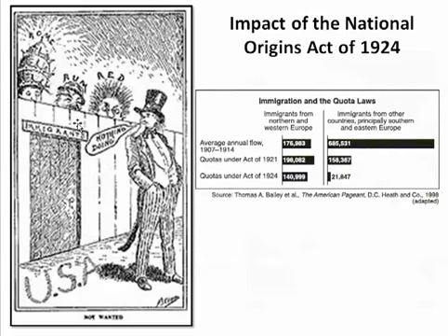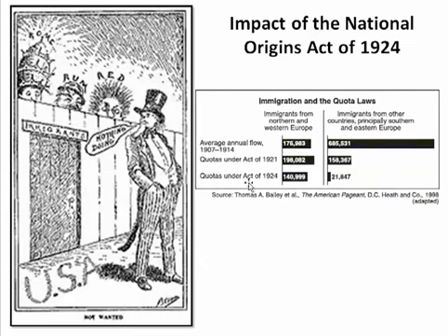And we see this here in this cartoon that shows immigrants, red, rum, and Rome, Italians, anywhere they're from, that they may be anarchists or socialists or communists. The United States wasn't letting them in. Here's the impact of the National Origins Act of 1924. From 1907 to 1914, there were 685,531 immigrants who came from Southern and Eastern Europe.